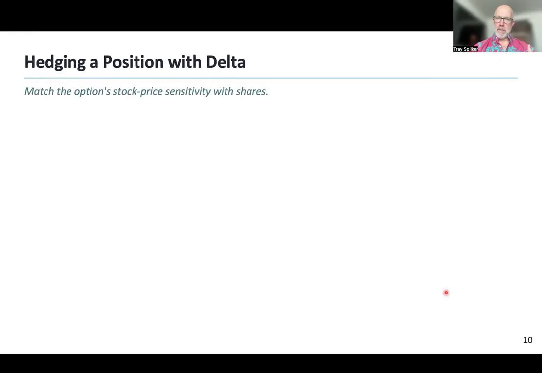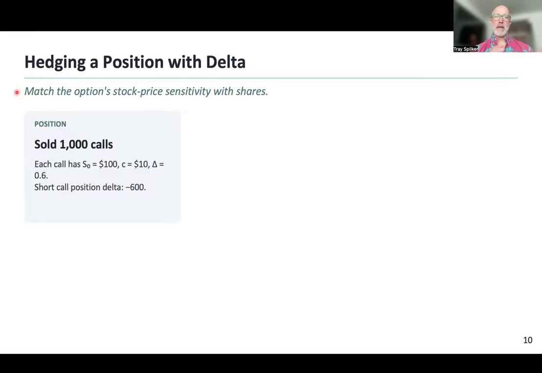Now, here's some of the core mechanics of how we can utilize this intuition of delta to hedge a position. And the way we do it is to match the option stock price sensitivity with shares. So what do we mean? Okay, here's an example. Let's say we sold calls equivalent to 1,000 underlying shares here.